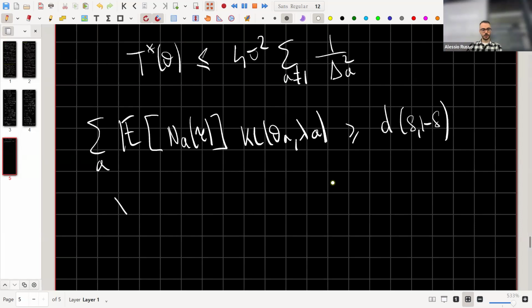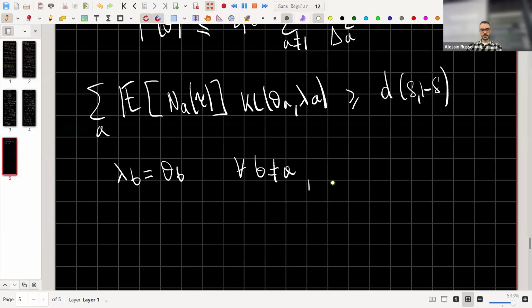So for example, we can choose a model where lambda is equal to theta b for all b different from some arm A. And instead, in arm A, we set lambda A to be equal to theta 1 plus epsilon.